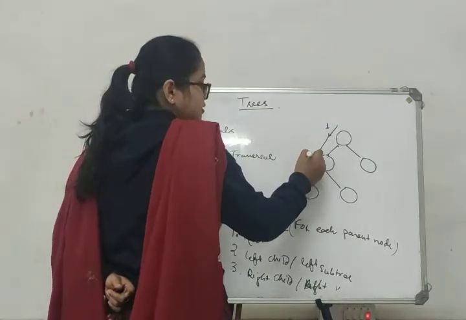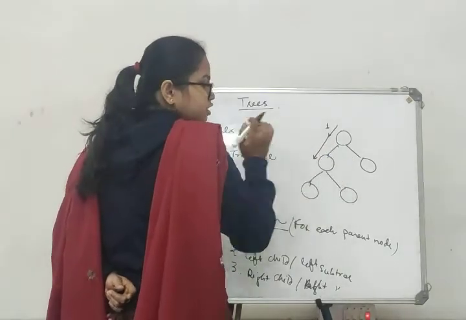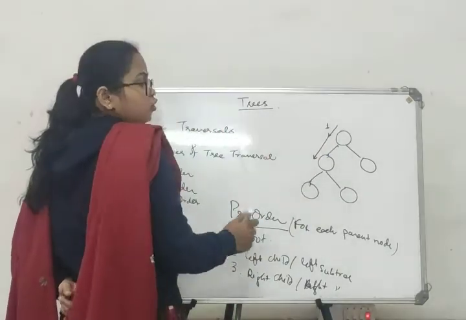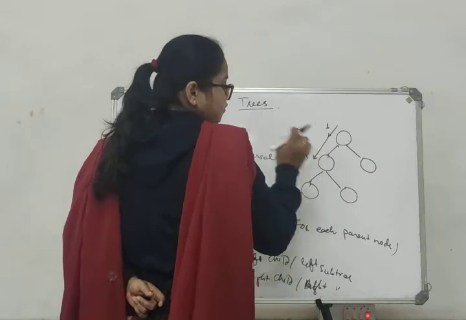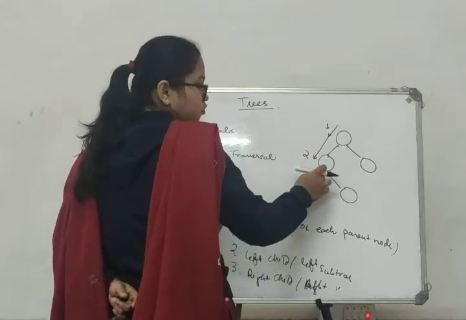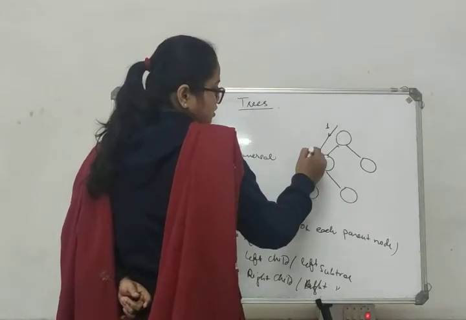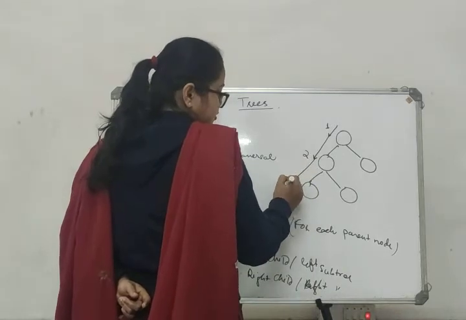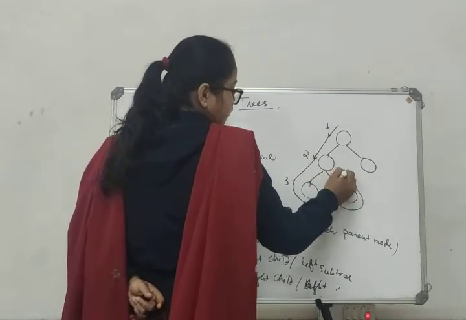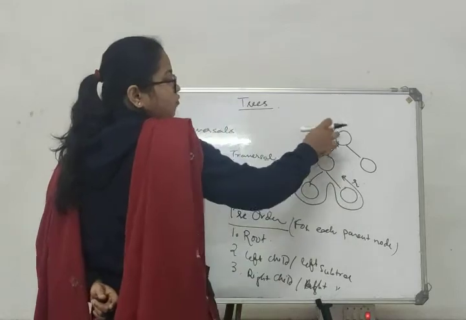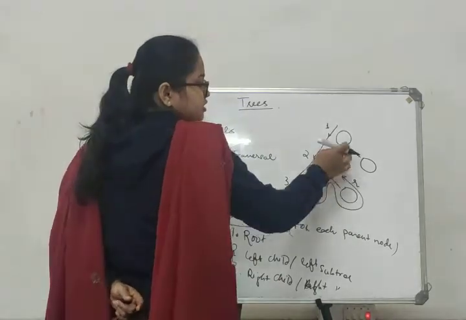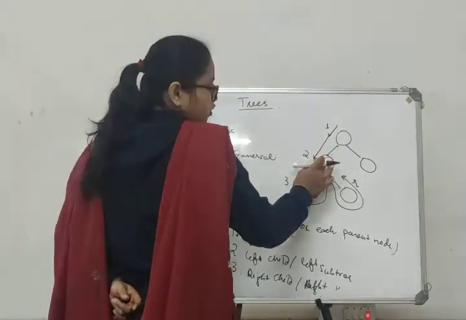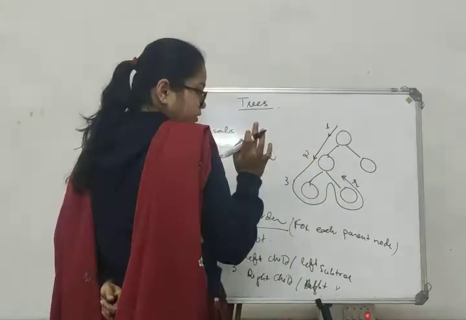Now coming to this, for this tree, this is the root. So we have to first visit the root. So then we will visit the root. Then we will go to its left child, then the right child. So it has a left child, then the fourth one is the right child. Now for this root, the entire visitation is not done yet. For this root, the entire visitation is done.